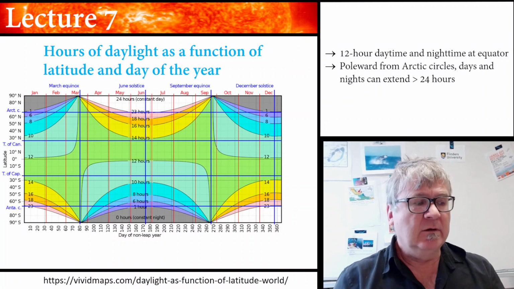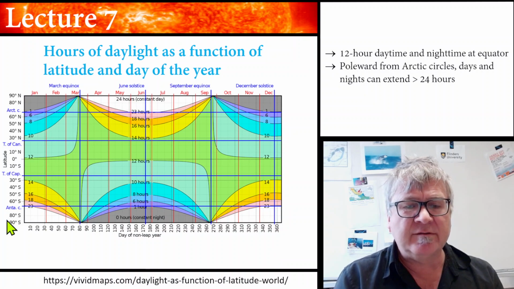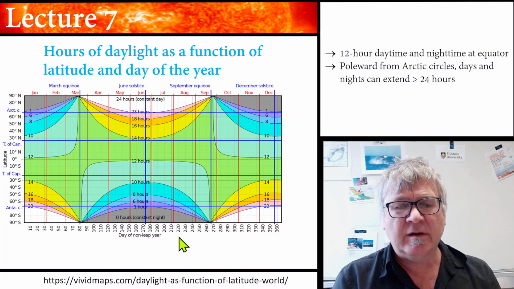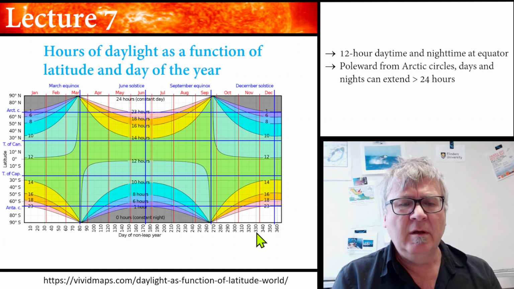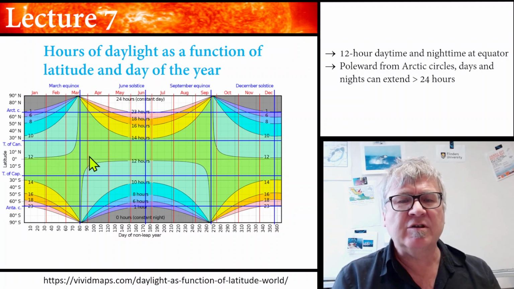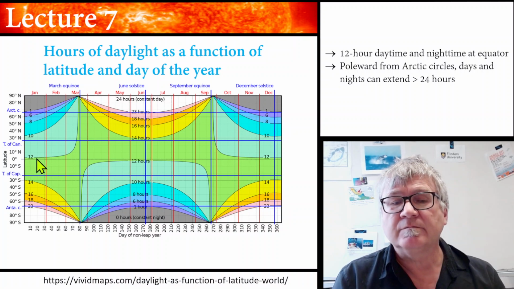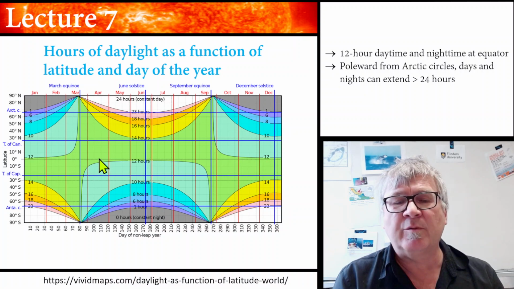It's a little bit busy, this figure, but you can see the days of a non-leap year, and then you have the hours of daylight, and at the equator it's always around 12 hours. Some tiny variations there, but always 12 hours day, 12 hours night.